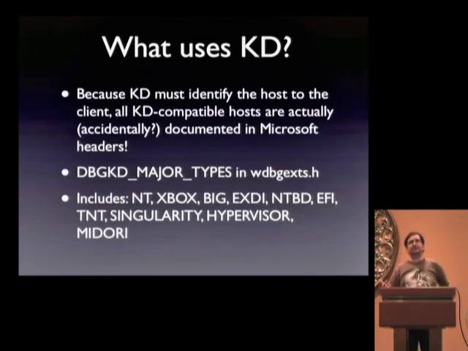So Midori, whatever that is, also uses KD. The interesting thing about this is that if there's a bug in KD, theoretically, as long as it's the same stub, all these different operating systems and products would also be vulnerable. I think I actually have, let me see if I can alt-tab safely in Chrome. Okay, that did not work. Oh, that worked.